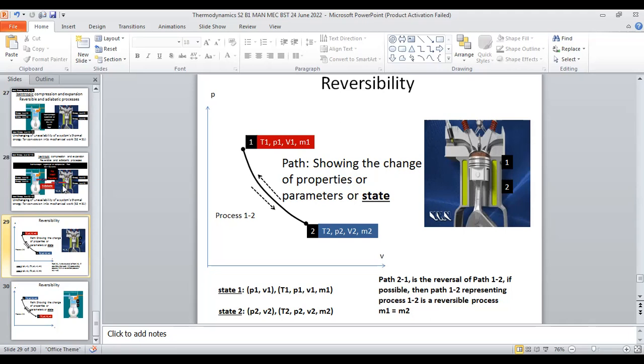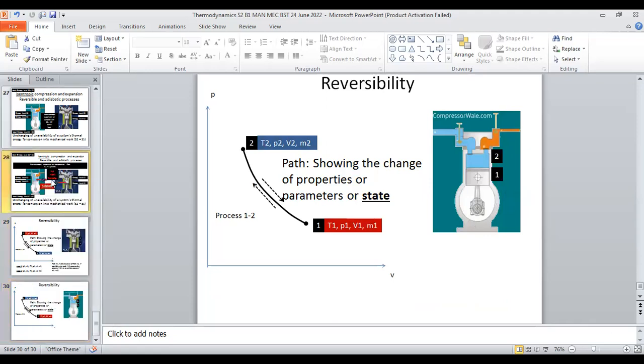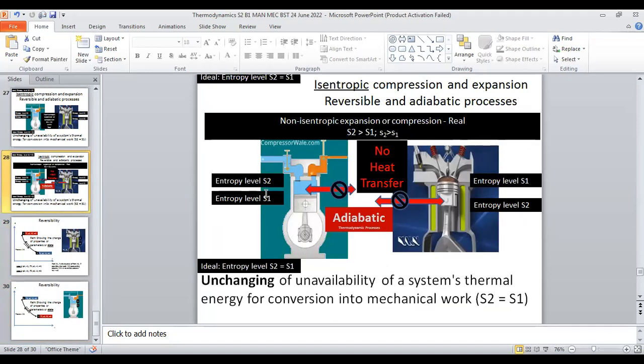So the reversibility is here, and the adiabatic nature is here, isentropic. So reversible and adiabatic process.